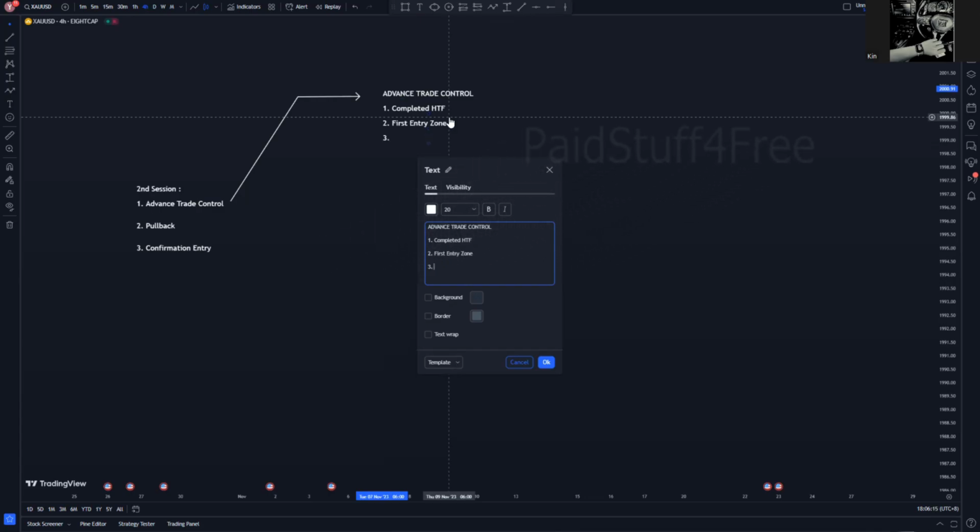The third one is roadblocks, which we can call our retracement entry. And the fourth one is re-entry, or we can call it our continuous entry.